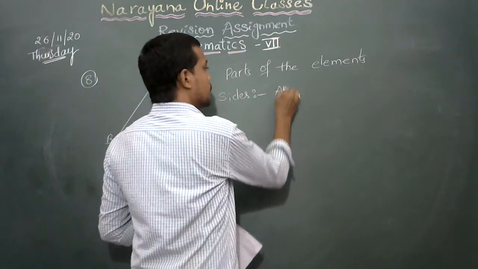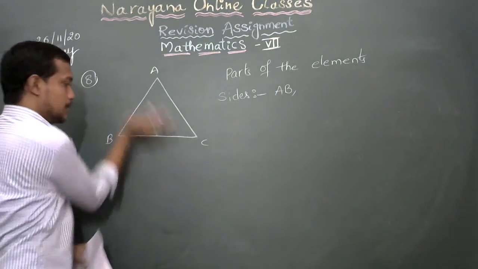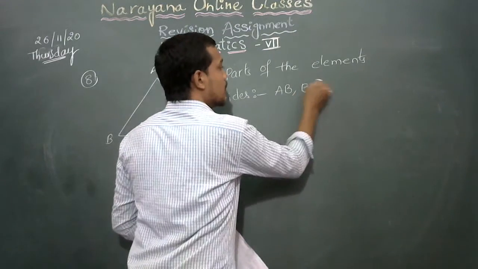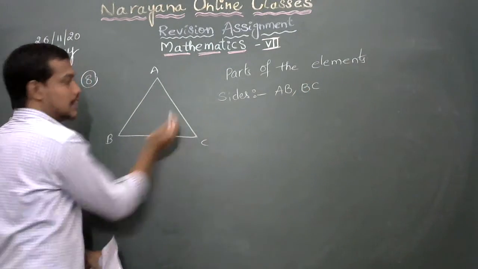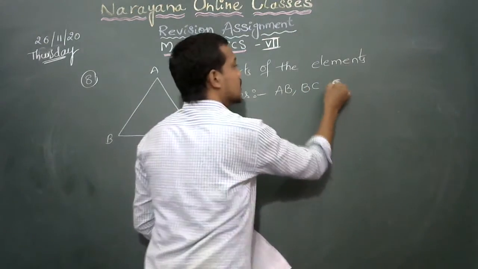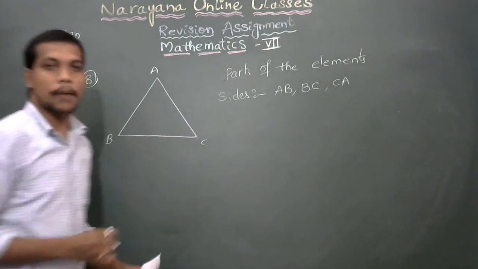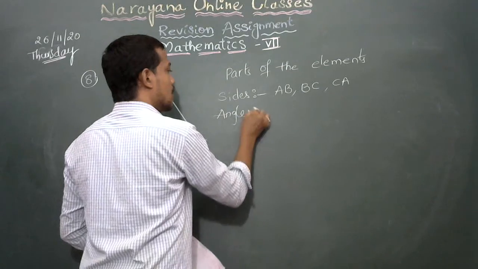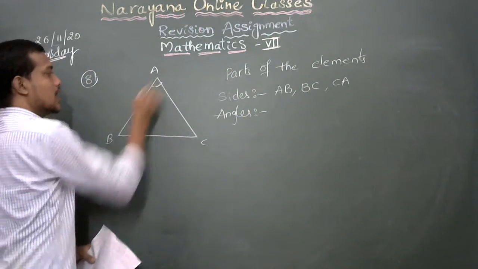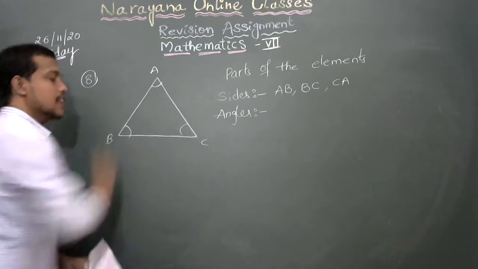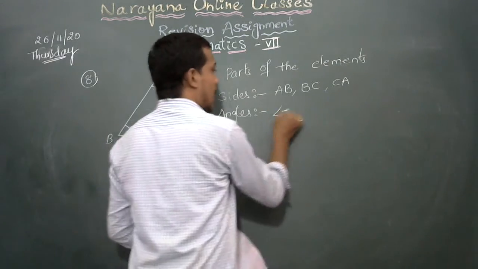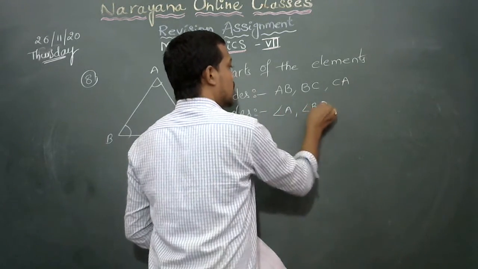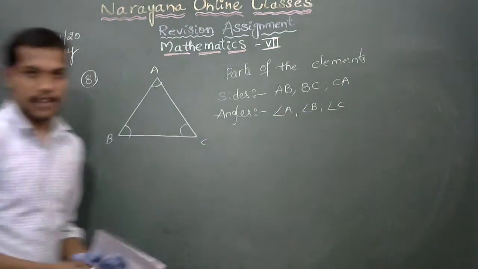So AB is one side, BC is the second side, CA is the third side. Sides are completed. Now angles. Angle A, angle B, angle C.